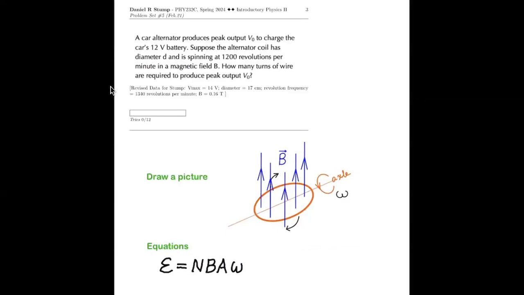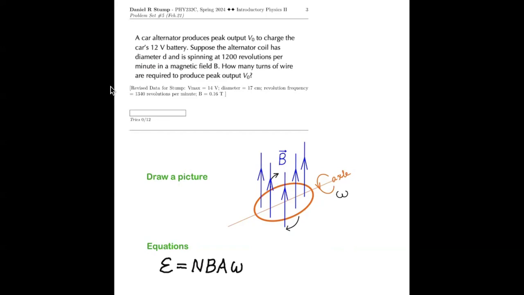So this is an example of an electric generator. And there's a section, a subsection in the chapter about electric generators. The alternator charges the battery. It has to keep the battery charged to 12 volts. If the alternator goes bad, your battery will eventually run down and you don't have any electricity in your car.